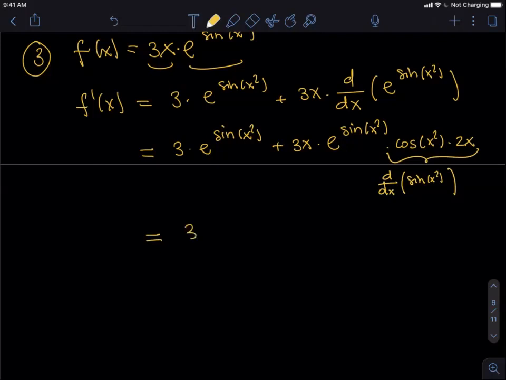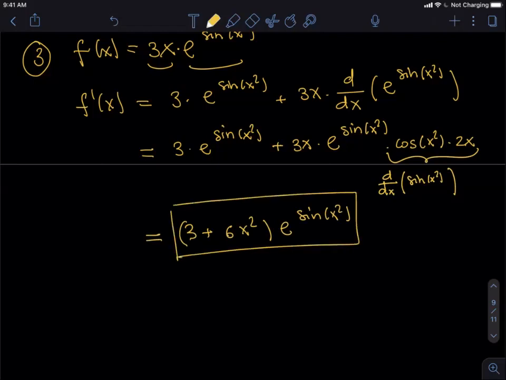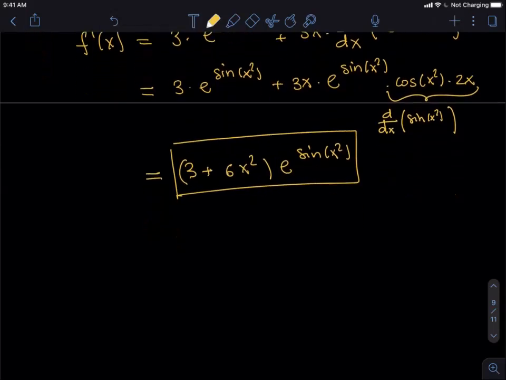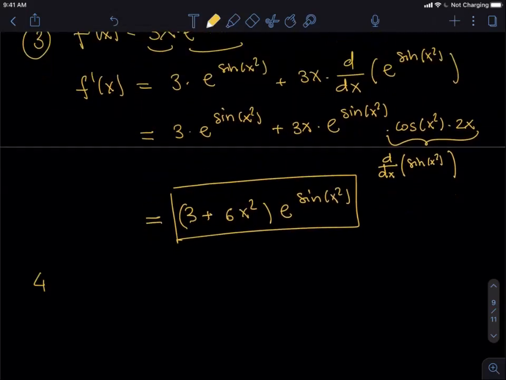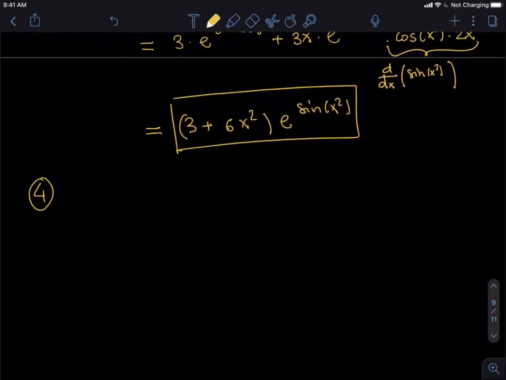We have 3 plus 6x squared times the exponential of sine of x squared. So I'm factoring out the exponential of the sine of x squared. And I think this is as nice as we can write it. And let's do one more example just to round it up.